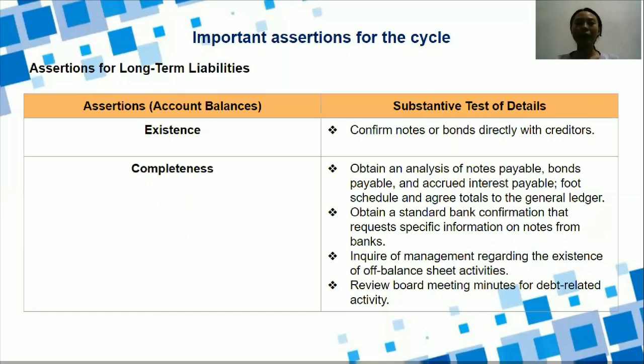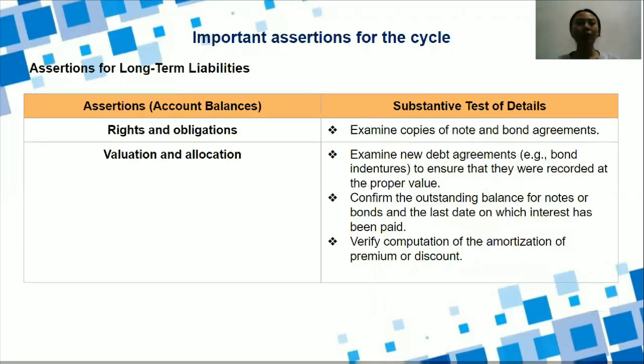And they can obtain a standard bank confirmation that requires specific information on notes from the bank. This, I think, is related to external confirmation, okay? And for the rights and obligations, the auditor can examine the copies of notes and bond agreements.